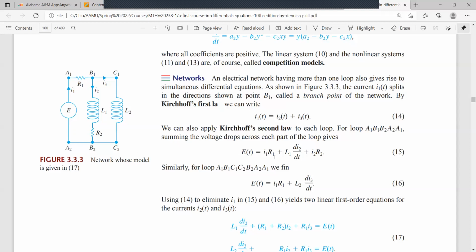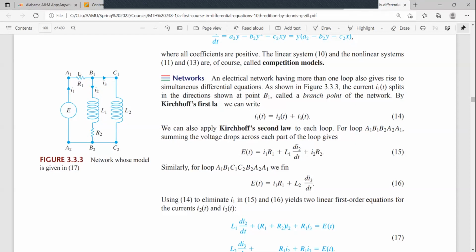So that's I1 R1. There's another resistor in the major branch, so that's the voltage drop in that resistor.